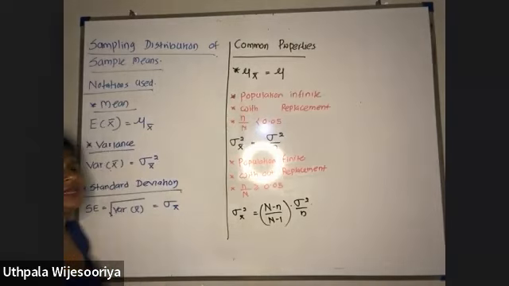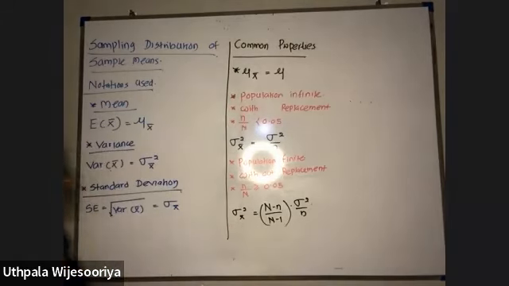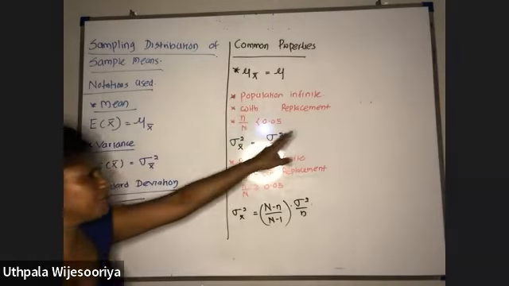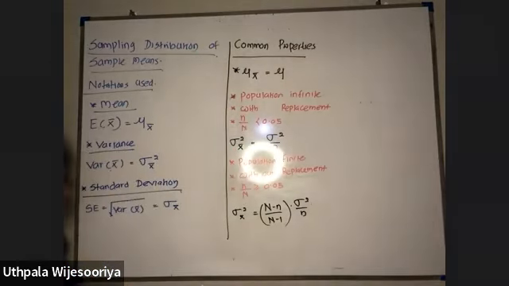Its mean is equal to the population mean mu. Its variance, under one of these conditions, an infinite population, or sampling with replacement, or the fraction less than 0.05, is population variance over sample size.